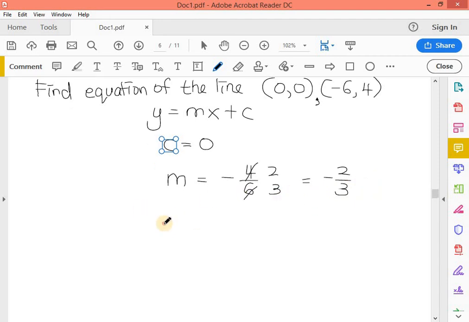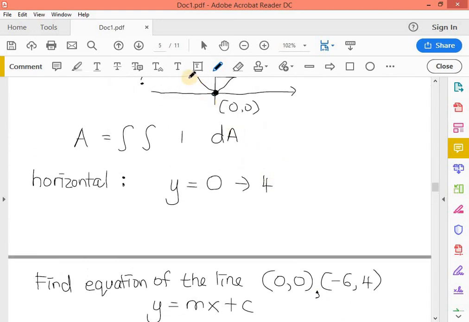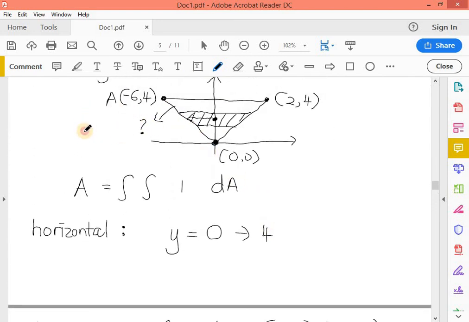Then you replace it: y equals negative 2 over 3 x, because your c is 0. So I label my equation here: y equals negative 2 over 3 x.